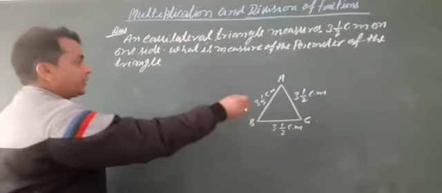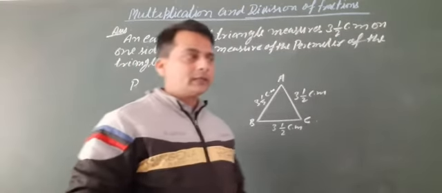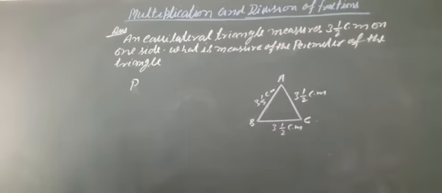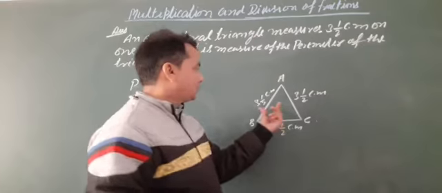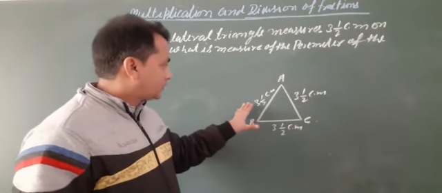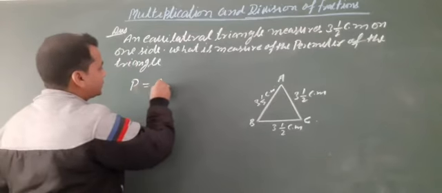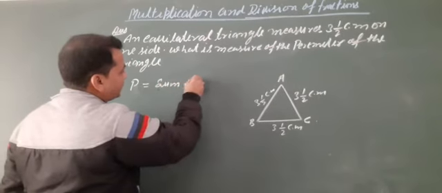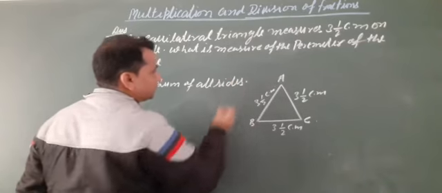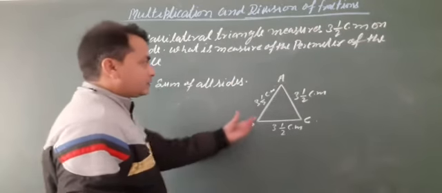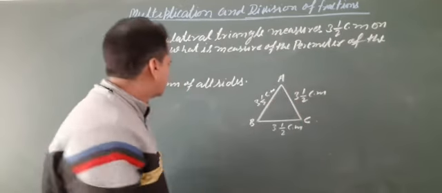So in this question, the equilateral triangle, the sum of all sides, and each side is equal. So here the perimeter is the sum of all sides. There are 3 sides AB, BC and AC.